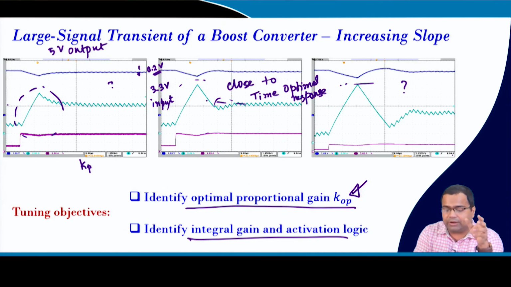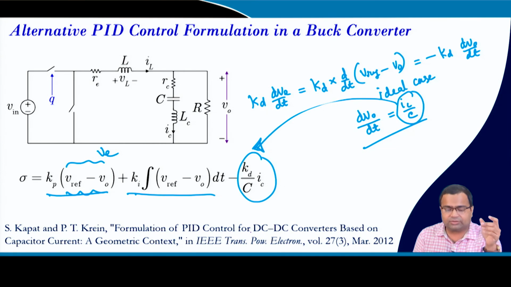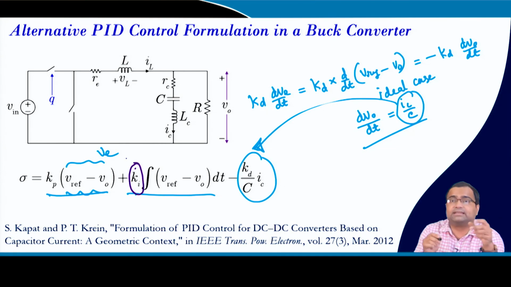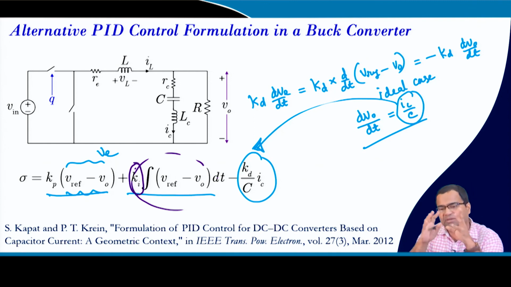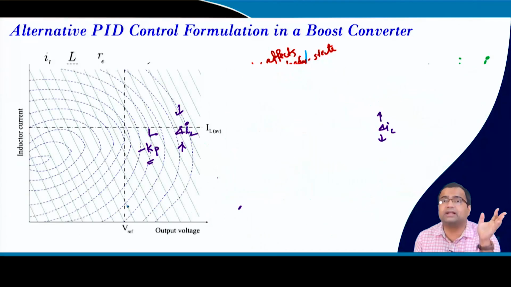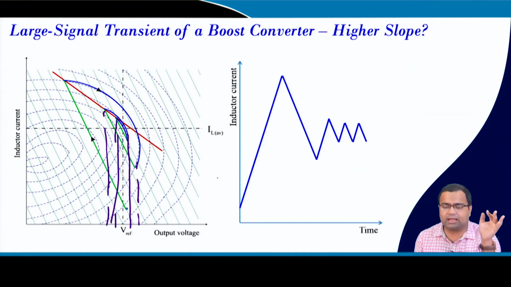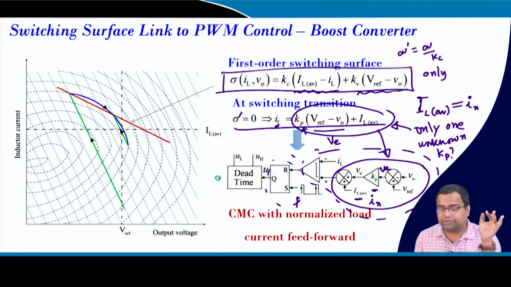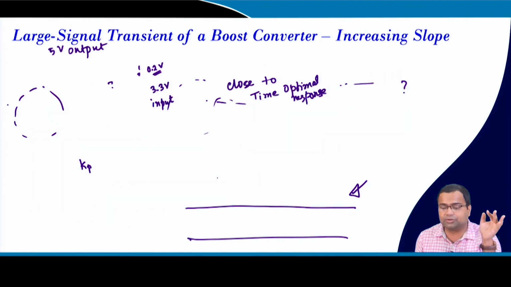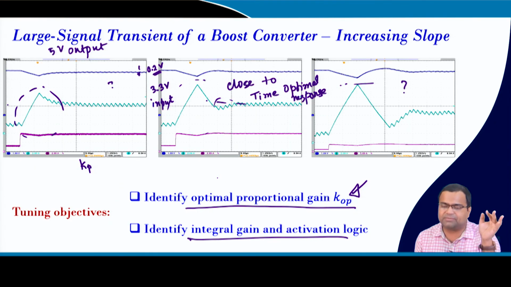Since we are incorporating an integral action like a PID controller, which we have discussed before, its action will be much slower, so we will choose the integral gain based on the small signal derivation, and we will only try to eliminate the steady state error. So, our ultimate tuning objective is to find this optimal gain, and that we have discussed.